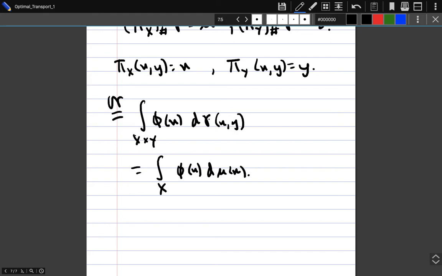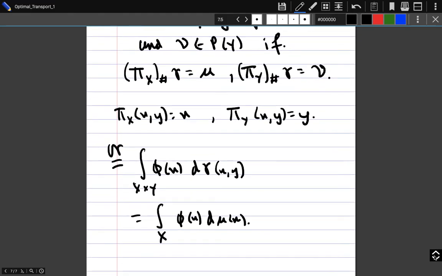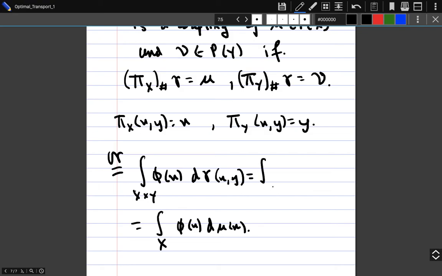Maybe I should proceed in steps. So gamma is what? Gamma is the push forward measure using the map pi of x. So when I'm integrating with respect to gamma, this is the same as integrating phi composed with pi of x with respect to gamma.